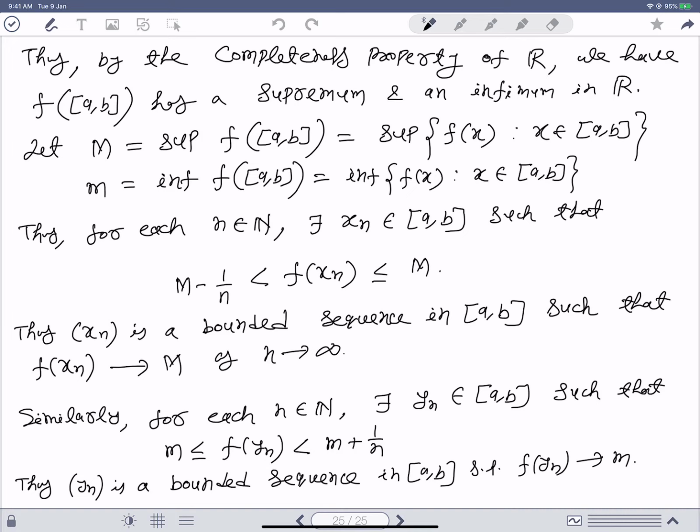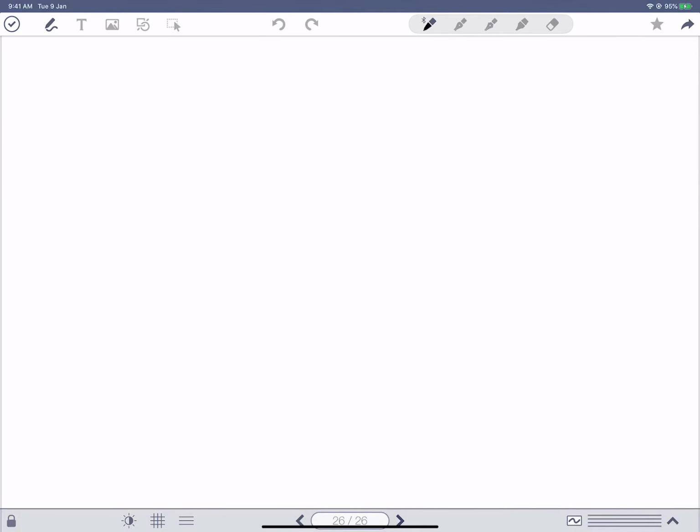Because m plus 1/n is not a lower bound, there should be a number f(y_n). That means y_n is a bounded sequence in the closed and bounded interval [a,b] such that f(y_n) converges to the number m as n tends to infinity, right? Okay. Now note that here we do not know whether our sequences x_n and y_n are convergent or not.